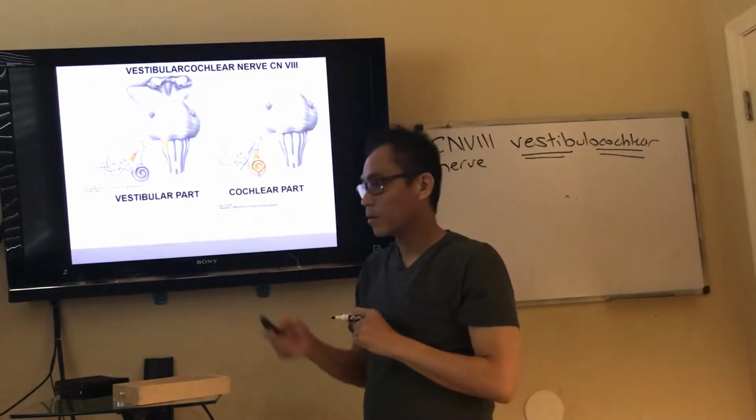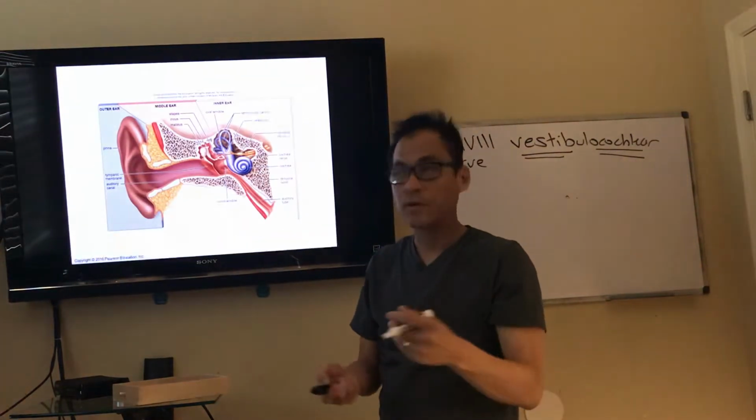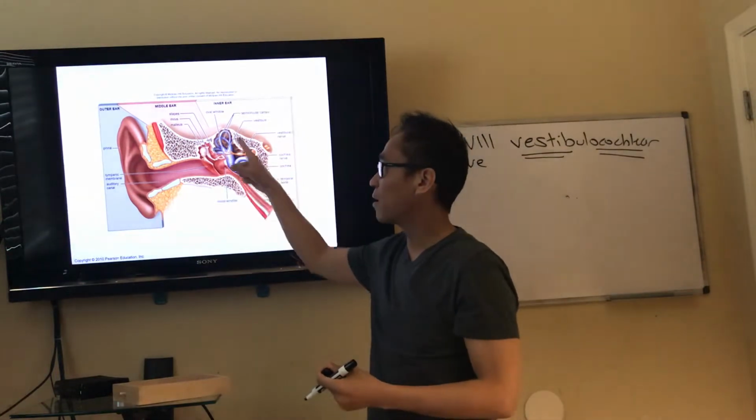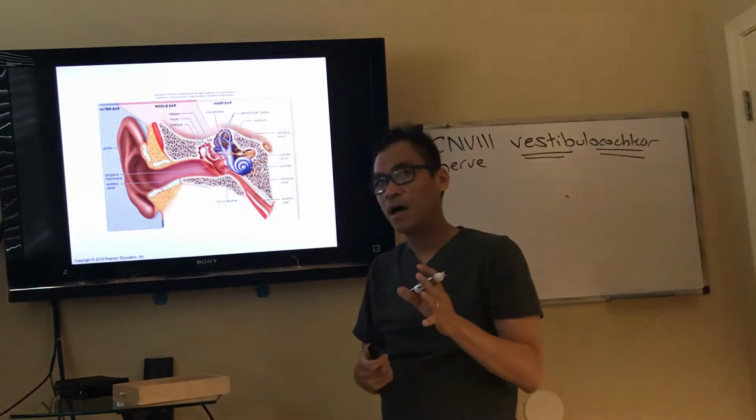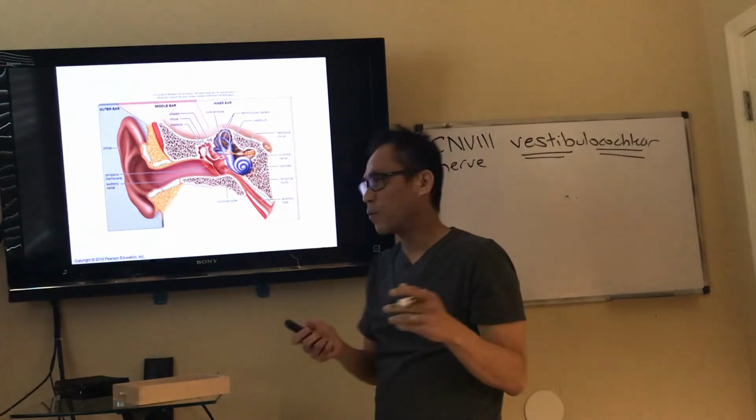So the inner ear is, obviously, deep inside the ear, deep inside the petrous region of the temporal bone. That's what we call it here.